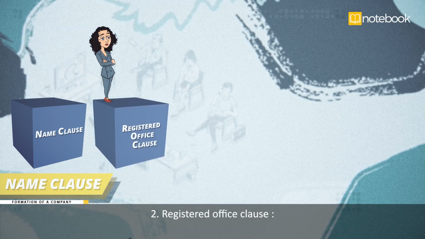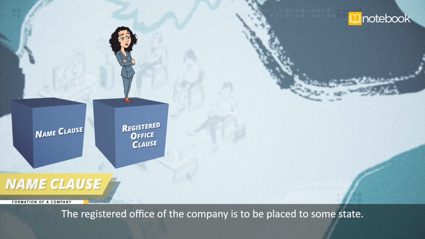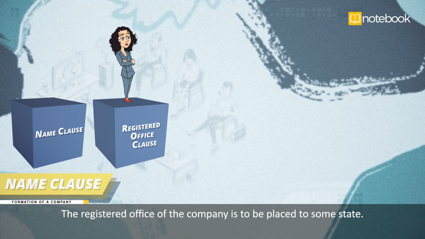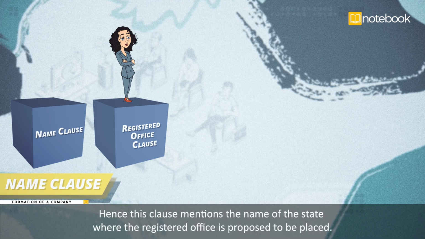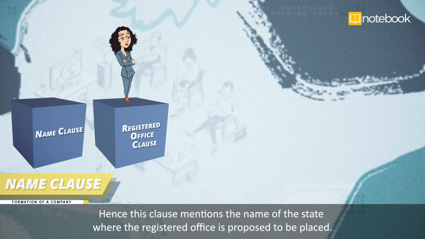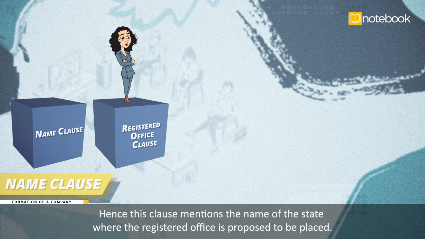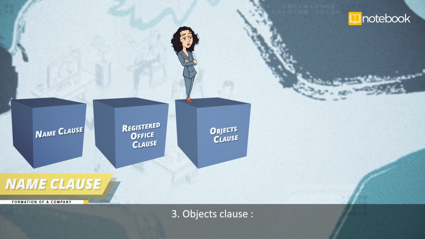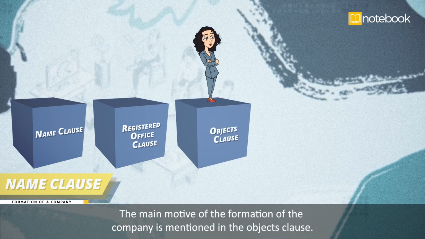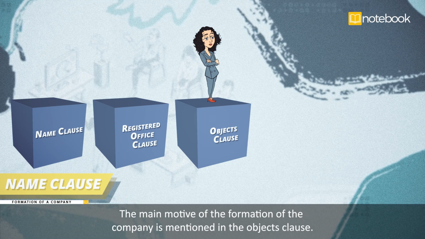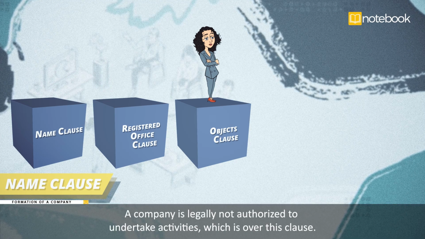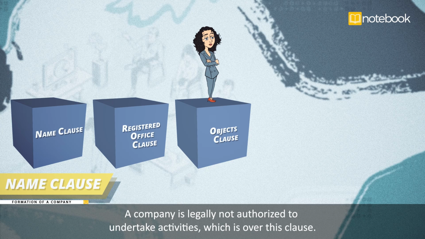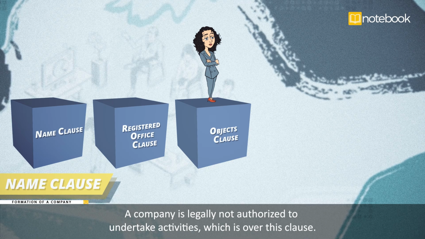Registered office clause. The registered office of the company is to be placed in some state. Hence, this clause mentions the name of the state where the registered office is proposed to be placed. Objects clause. The main objective of the formation of the company is mentioned in the objects clause. A company is legally not authorized to undertake activities beyond this clause.